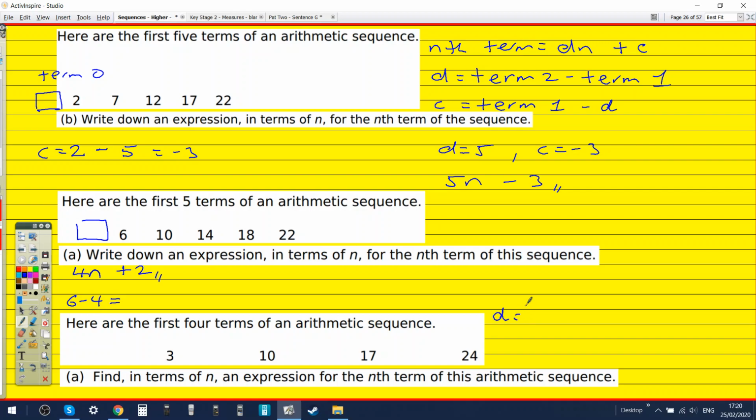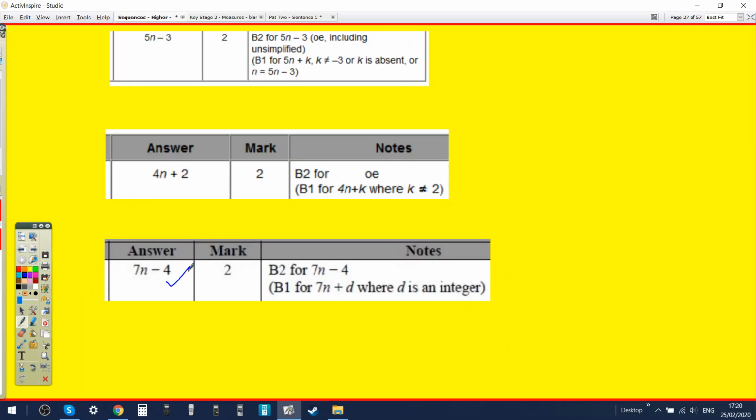Common difference is 7. So d is 7, and then minus 4. And so the nth term is 7n minus 4. Well done. 7n minus 4. Great.